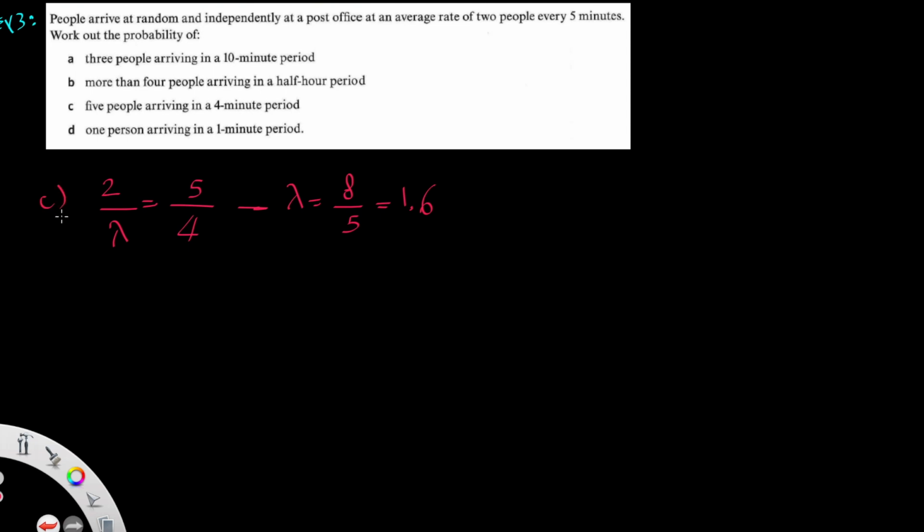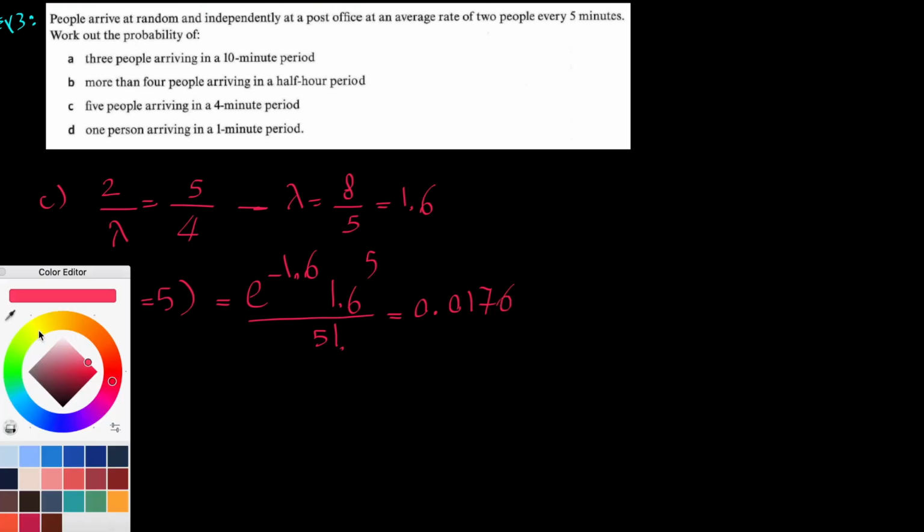So for part C, the probability of 5 people, x equal to 5, and your lambda is 1.6. So e to the power of negative 1.6, 1.6 to the power of 5 over 5 factorial, which will be 0.0176.